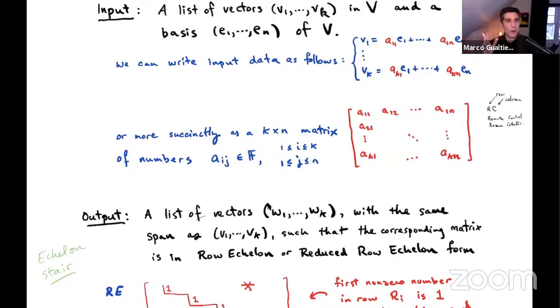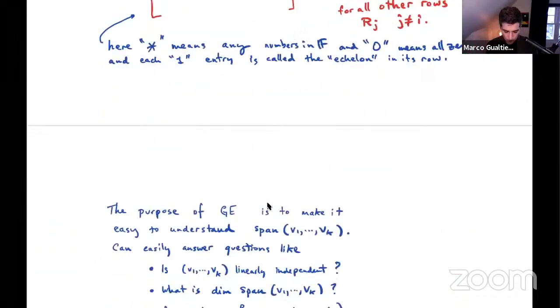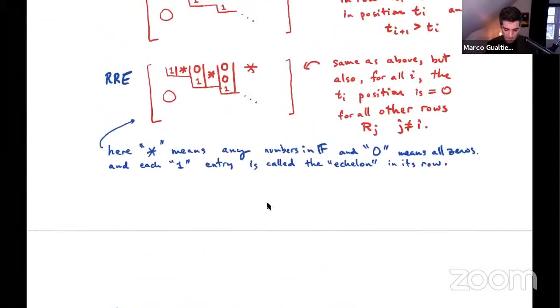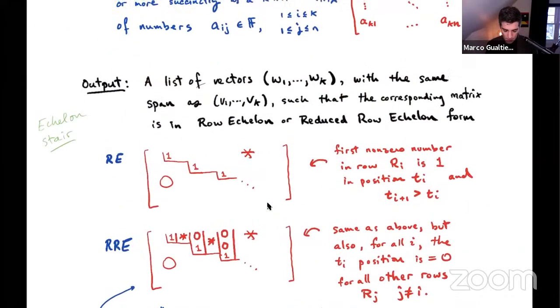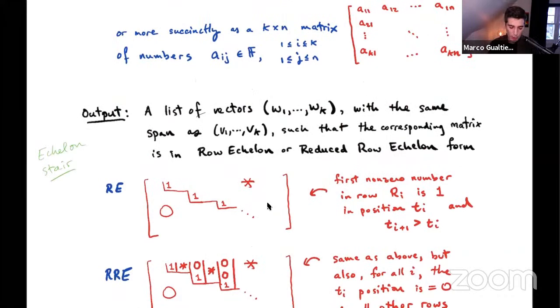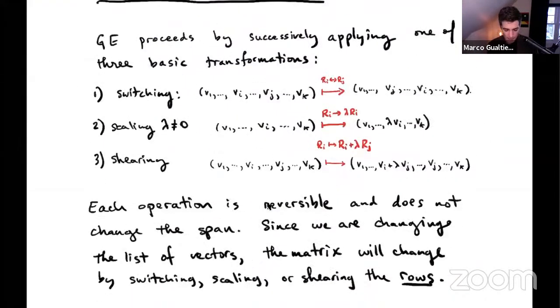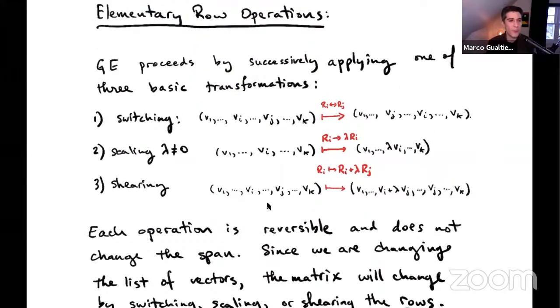I'm just going to make sure that all of my operations do not ruin the span. That's the technique. And then I want to make sure that my operations simplify and put it into row echelon form. So that's the task. There are three basic operations.